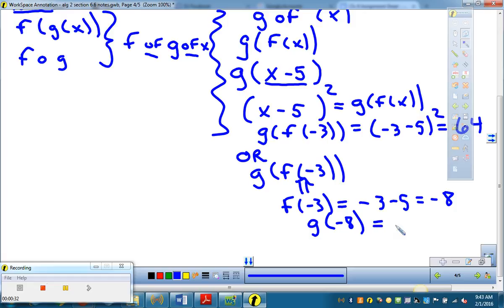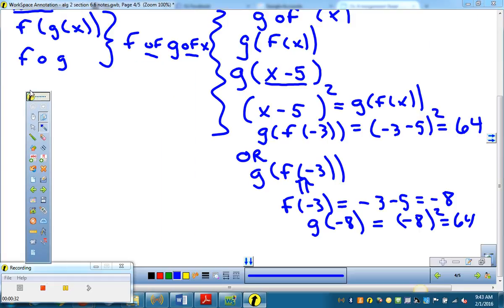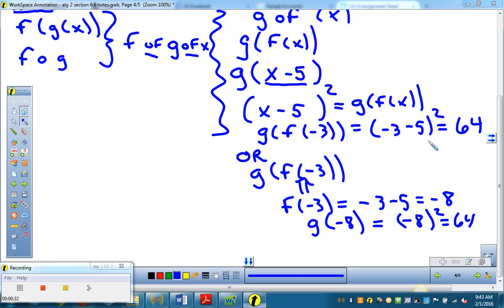And g was x squared, so that's negative 8 squared, which is 64. So two ways you can do it. You can find g of f of x first and then plug in negative 3. Or you can work from the inside with the negative 3, f of negative 3, and plug that into g. Okay?